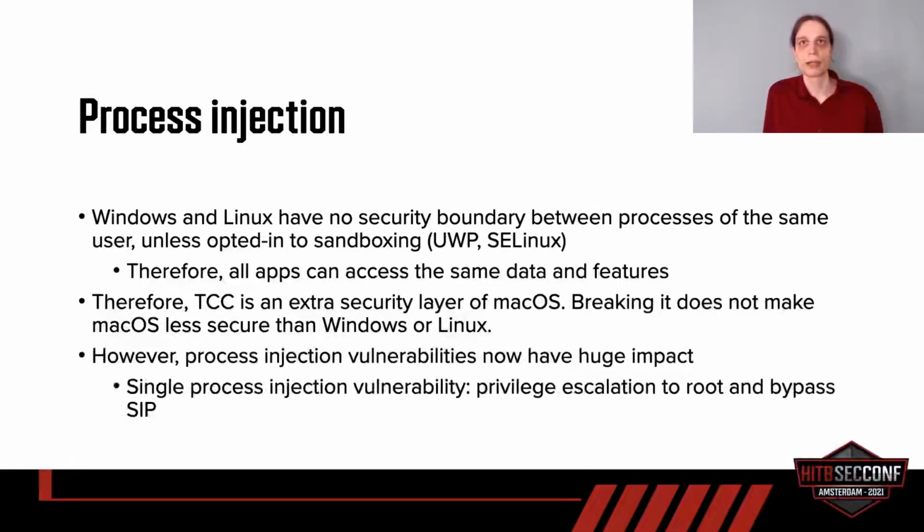Then there's a security boundary, but otherwise all applications can access all hardware features or all files that are accessible to that user. So TCC in that regard is a completely extra security layer that is not applicable to those systems at all. And if you break through TCC, then that doesn't make macOS less secure than Windows or Linux, because that layer is not there at all.